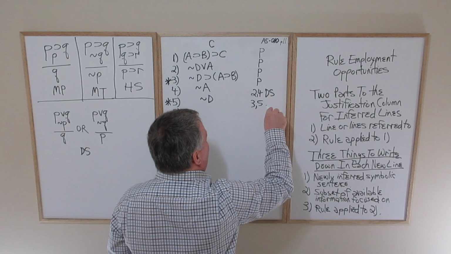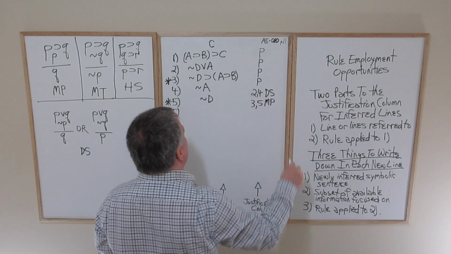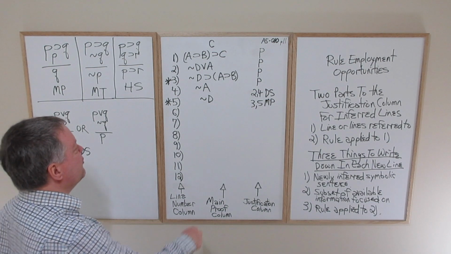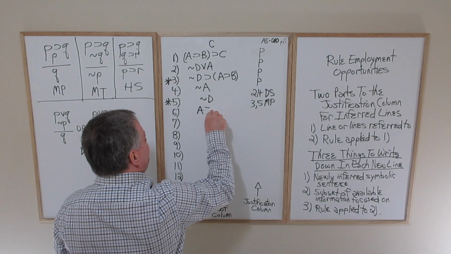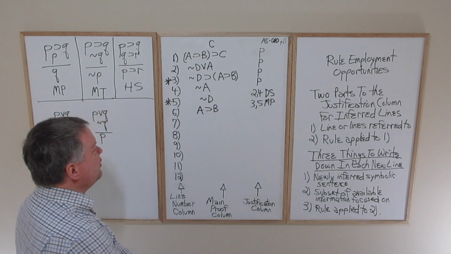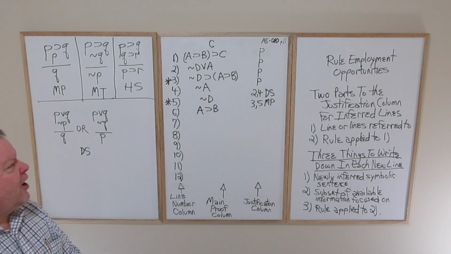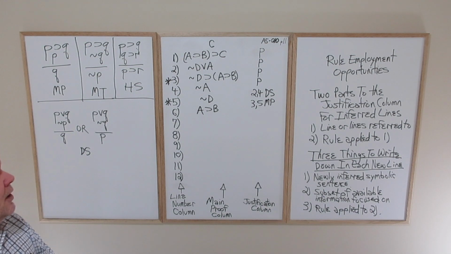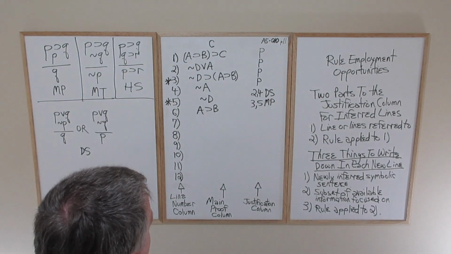That satisfies the modus ponens rule employment requirements, and it entitles us to validly infer the consequent of the conditional in 3, which happens to be a smaller conditional.